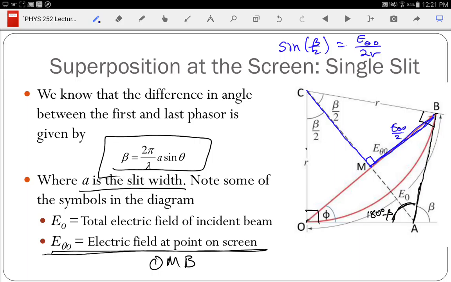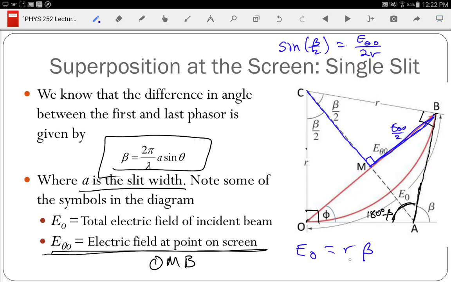What's the relationship between an arc length and the radius? That's the simpler definition. The arc length, which in this case is E0, is equal to the radius multiplied by the angle. So radius multiplied by the angle, for this entire E0, the angle is beta. That was real simple.